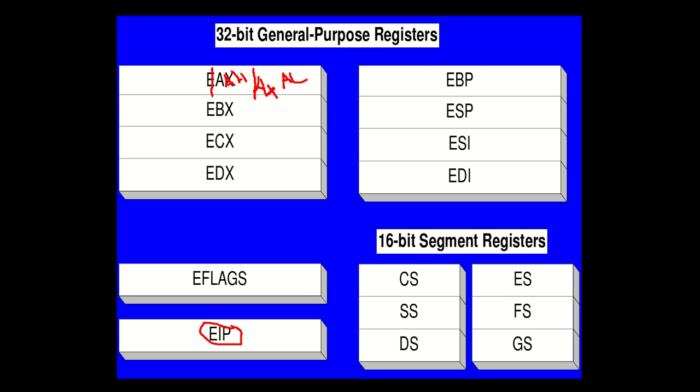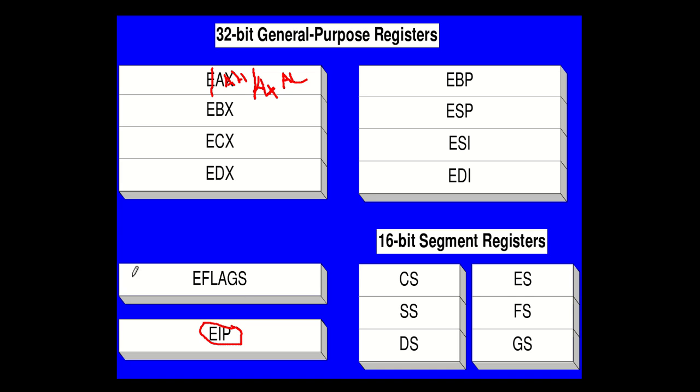I'll explain that later in more detail. I don't want to confuse you now. This is base pointer and stack pointer. Then we have ESI, extended source index, and EDI, extended destination index, and we can use them as indexes.